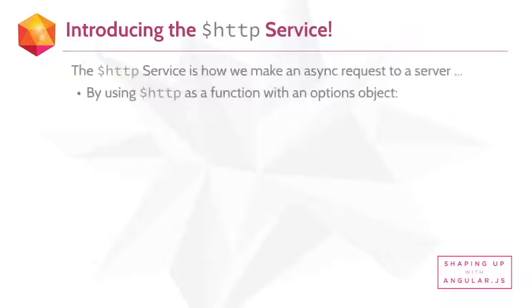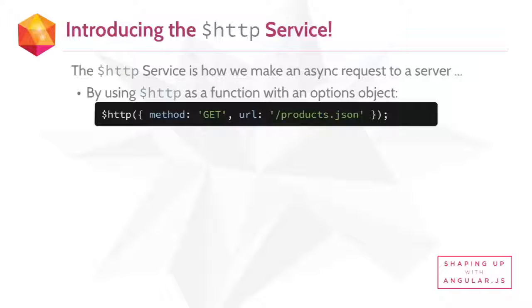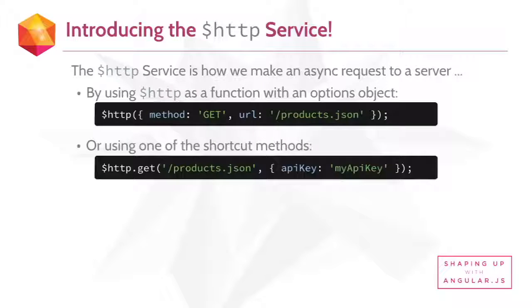The $http service is the one we need to use to get that JSON data from our server. We can do this by using the $http method as a function with an options object, like you see here, sending in the method and the URL. Or we can use one of the shortcut methods, using the get method, sending in a URL, and any additional query parameters by sending in a JavaScript object.